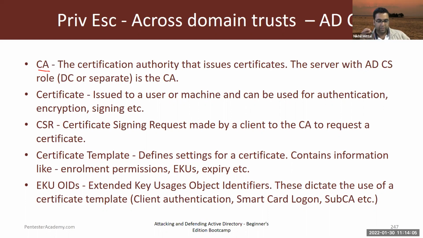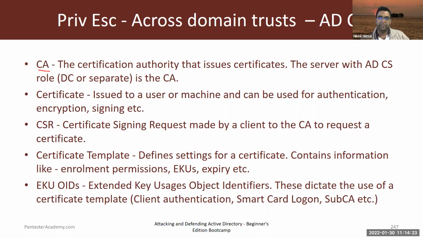Now, when a CA receives a CSR, that request must be for a particular certificate template. That is, a user may ask, please provide me a certificate for this certificate template.